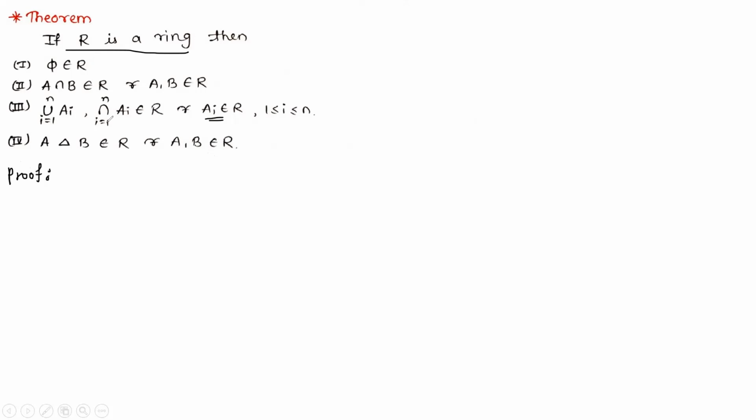Since it is given that R is a ring, we'll start with the first. In the first we have to prove that the empty set belongs to R. Now it is given that R is a ring.